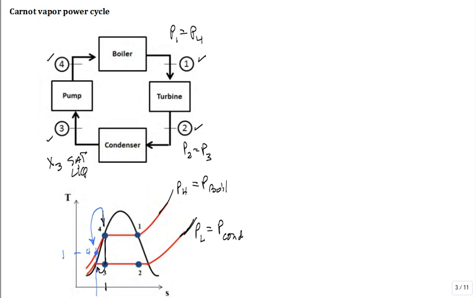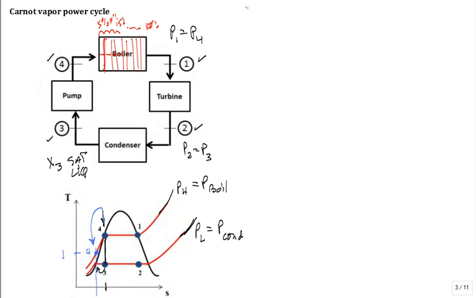Think about that boiler. I segment that boiler into zones, right? I heat it a little, heat it a little, heat it a little, heat it a little. Before, when it was Carnot, I started boiling right away. And maybe I had 5% turn into vapor, 10% turn into vapor, 15% turn into vapor, etc. All the way till I got 100% turn into vapor, right? But now, what about the first little bit?